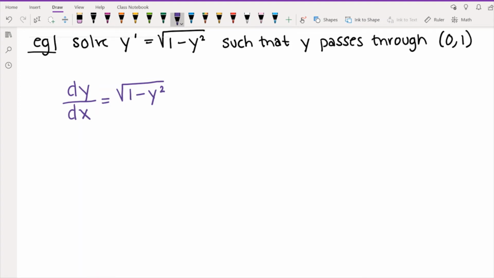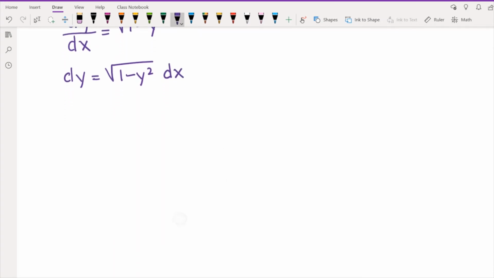Okay, so let's start by separating this. We're going to multiply both sides by dx. And then we can divide both sides by the square root of 1 minus y squared. But let's write that on the left-hand side as 1 over the square root of 1 minus y squared dy.